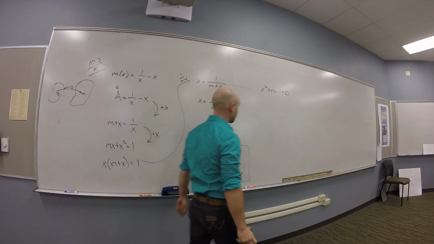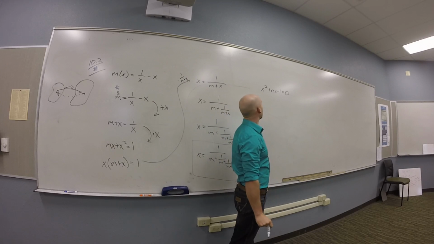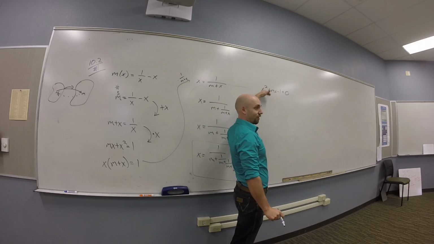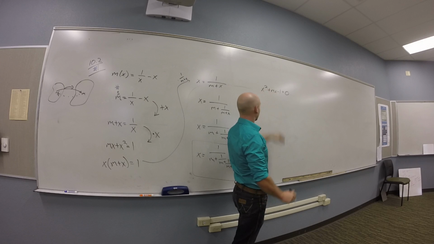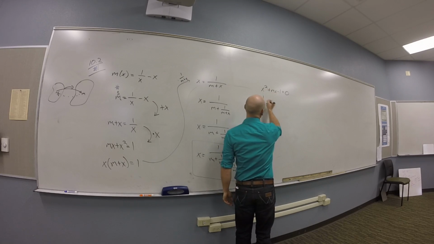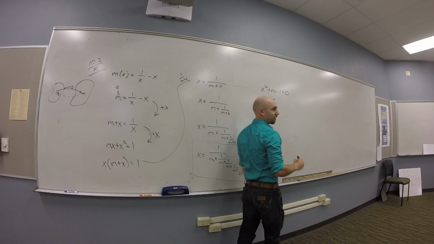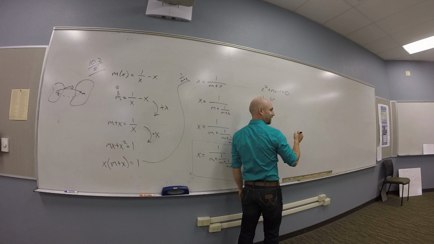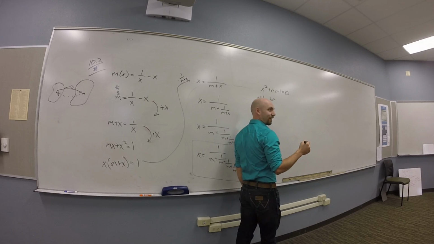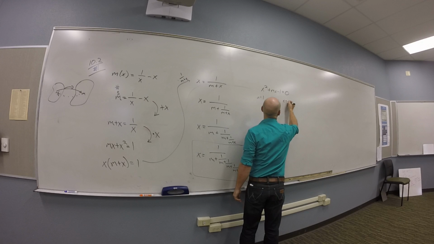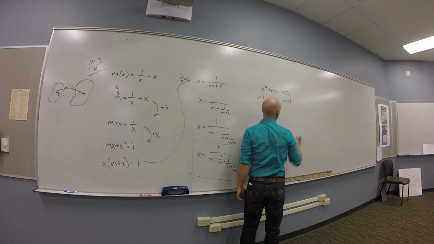These don't lend themselves to picture. So, this guy: a is 1, b is m, and c is negative 1.